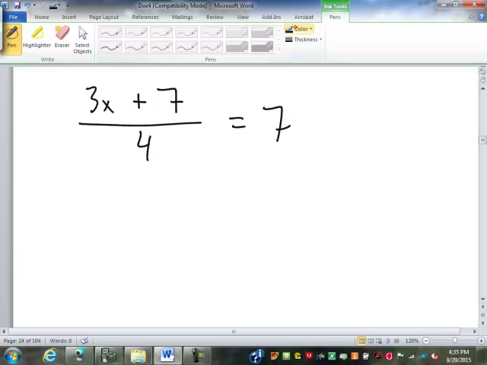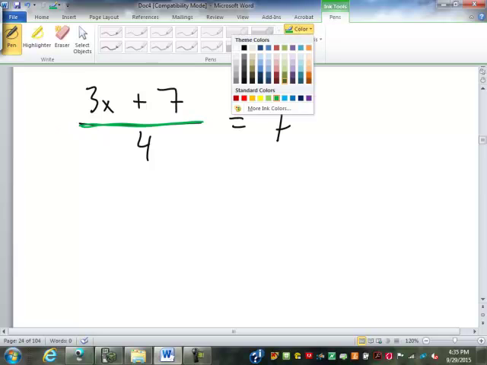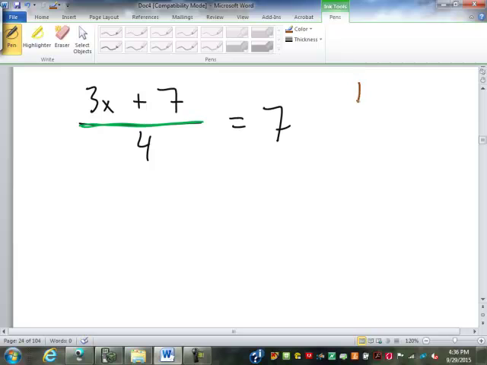So let's take a look at this one. There's something extra going on here that we haven't seen before. The whole left side of this one has that fraction bar through it, which means everything on that side is divided by the 4. Now we said that fraction bar is also an enclosing symbol. If we looked at what's been done to my variable, in this case to x again, everything on top happened first.